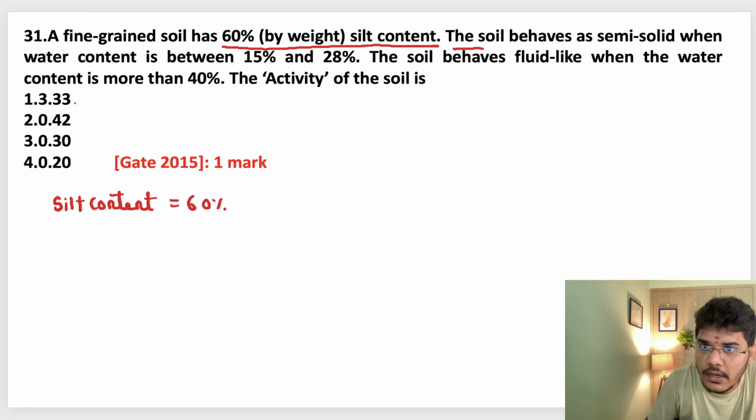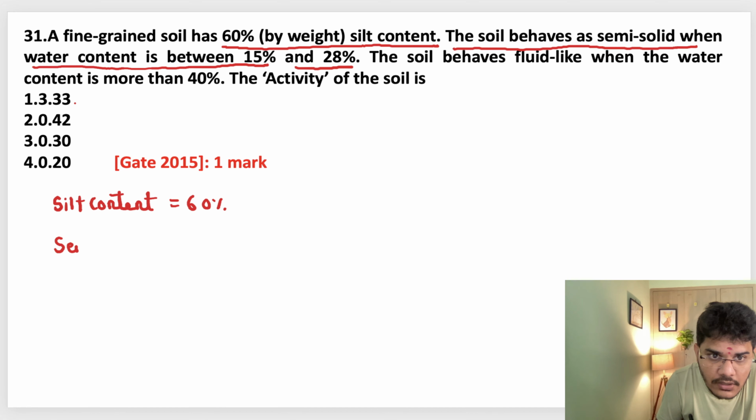So the soil behaves as semi-solid when the water content is between 15% and 28%.